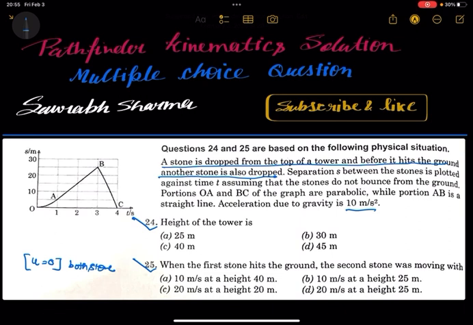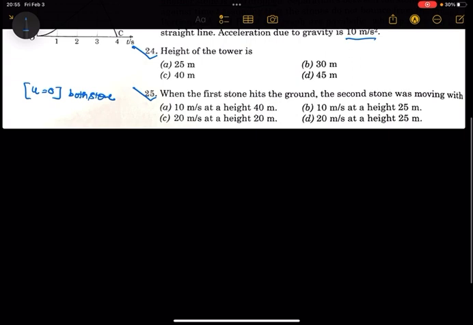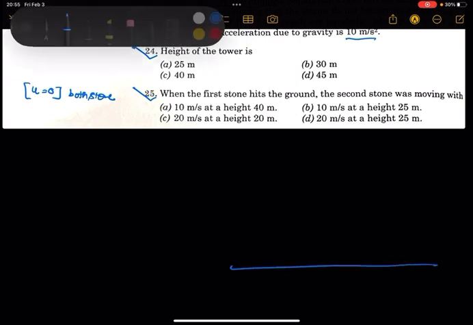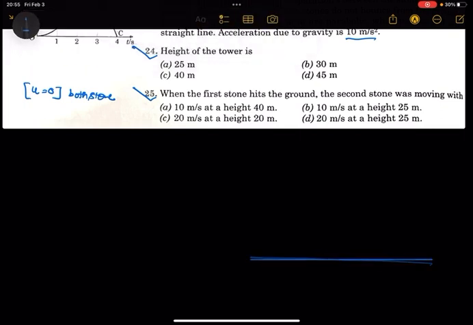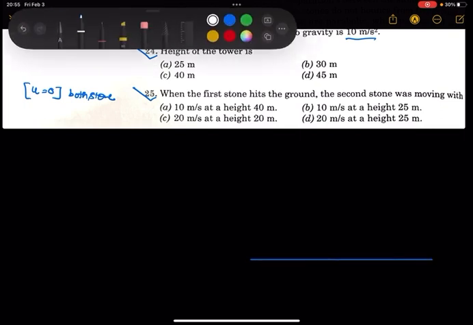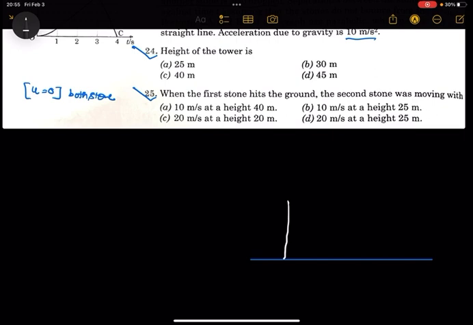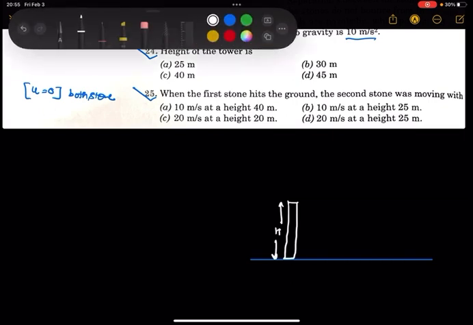second stone was moving. So we can simply write this question and I will tell you clearly, you can very easily understand this question. Suppose let's assume this is a ground, and on this ground one tower, this is a tower of height capital H, and two stones are released.